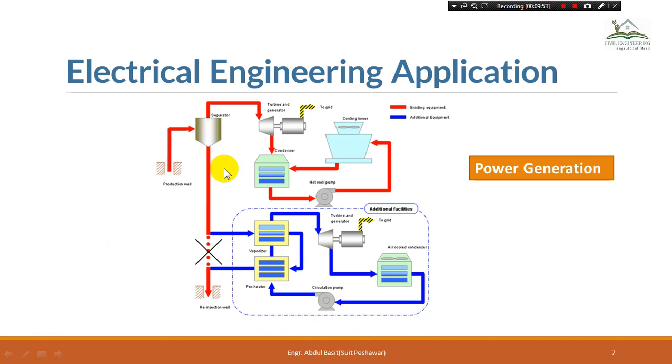But if you are an electrical engineer studying hydraulics or fluid mechanics, your basic aim should be to understand the power generation concept, how power is generated using the hydropower generation process, or the potential energy of water. So you should know this concept.